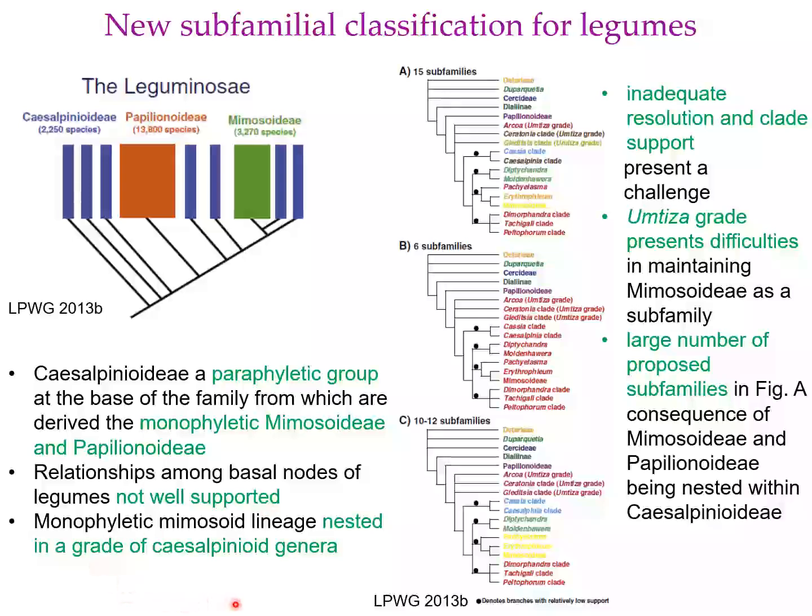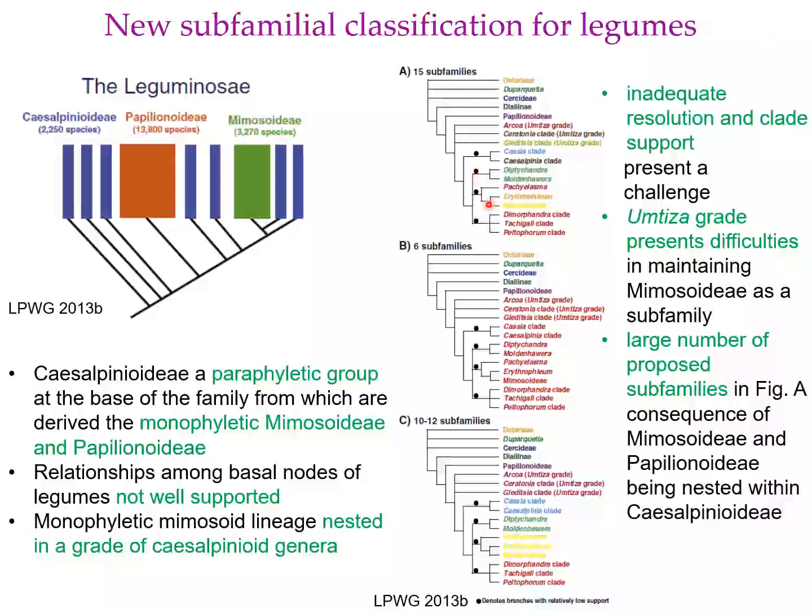So the solutions were many that were suggested, but we wanted the one that is the most user-friendly. So you can see that there at one point was a 15 subfamily solution, and there was a 10 to 12 subfamily solution and a 6 subfamily solution.